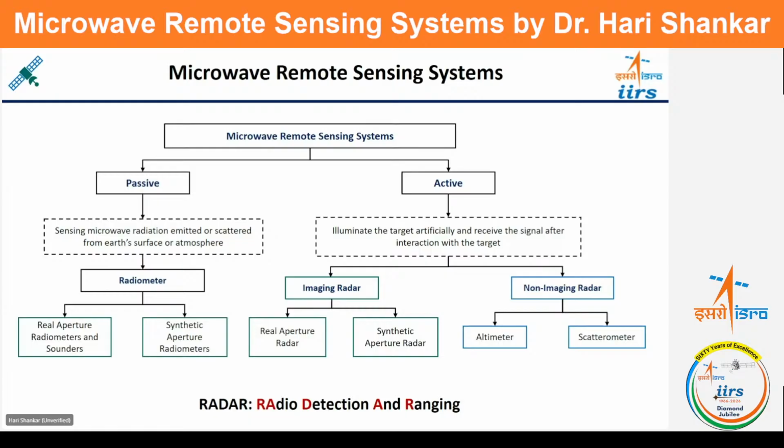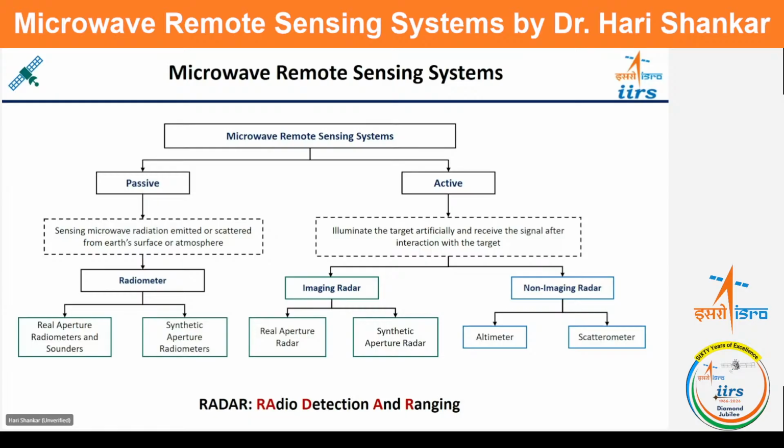Suppose we send a signal, it moves towards the target, interacts with it and then comes back to the sensor. So it can tell you how much distance there is between the sensor and the target. They are able to monitor the distance, and that is why it is called ranging.